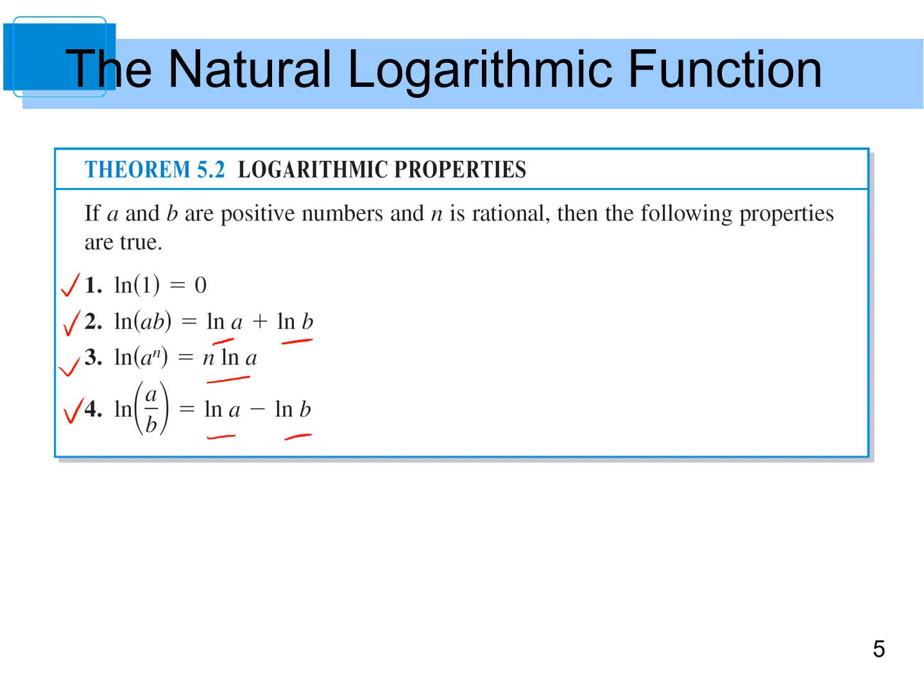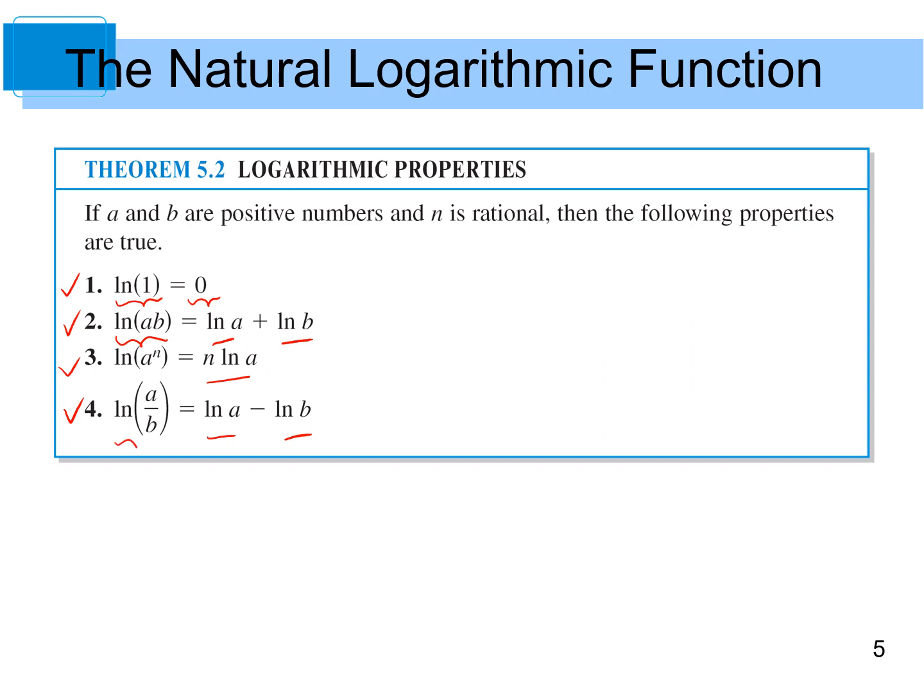So these properties tell us that the expression found on the left side is equivalent to the expression found on the right side. That is, whenever you have a product, ln of a times b, you can write it in its equivalent form, ln of a plus ln of b.